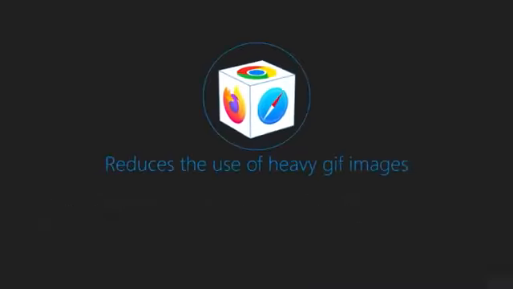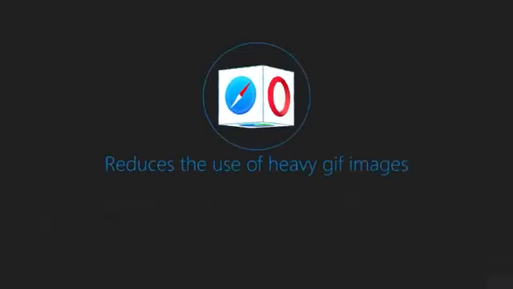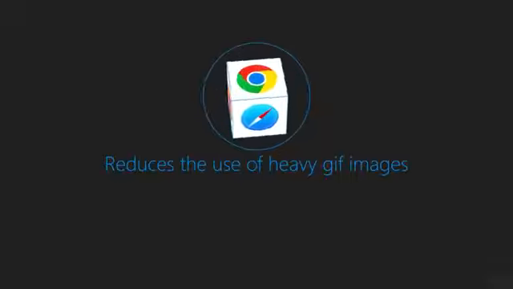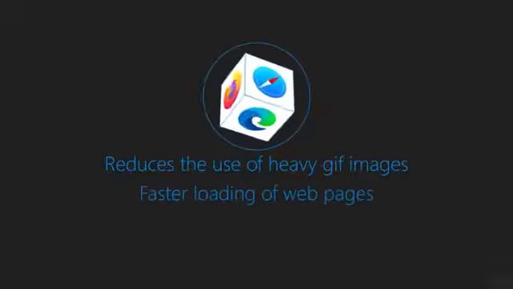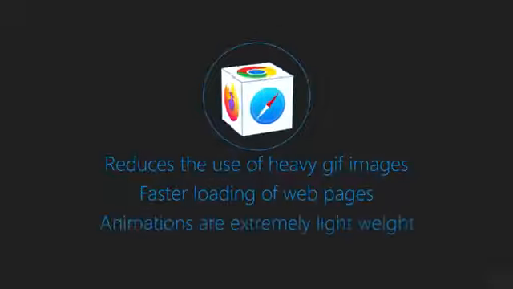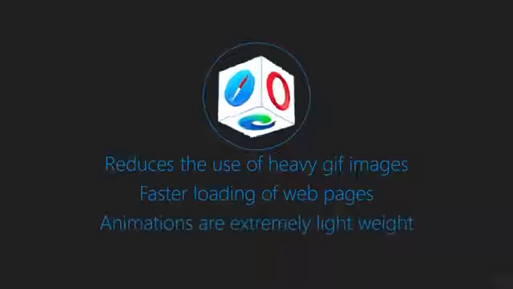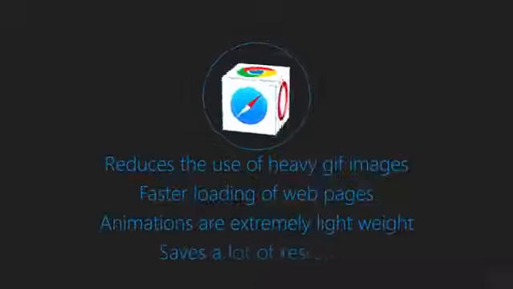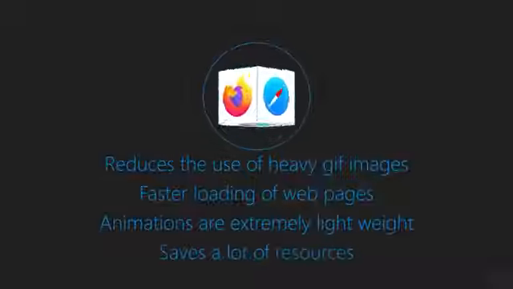This reduced the use of heavy GIF images, which were used for creating animated graphics, and that led to faster loading of web pages, as CSS 3 animations are extremely lightweight compared to GIF images, and this saved a lot of resources as well.